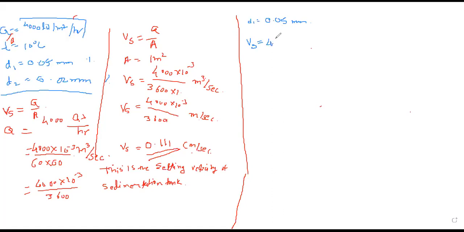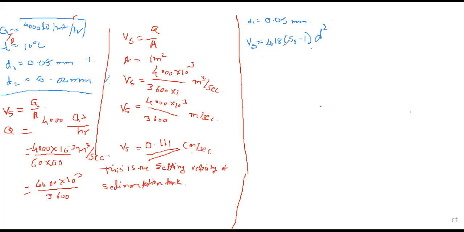It is 418 into bracket Ss minus 1 into d square. This is the equation. Okay. Am I correct? Or whether I have written the wrong equation? If yes, let me know, please.